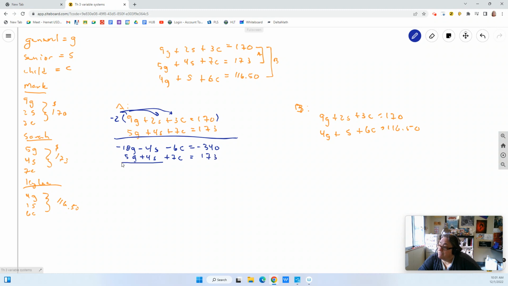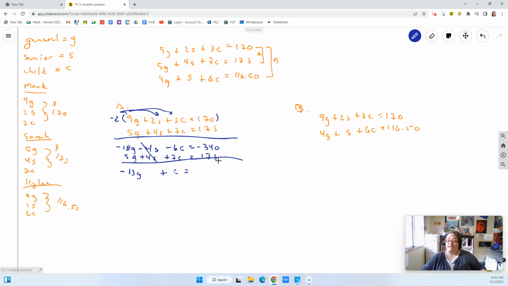And when I add these together, I get -13G. My S's disappear, which was the whole purpose of doing it, right? And then we get plus C, because -6 plus 7 is 1. And so we just have plus C equals, 340 minus... I had a calculator here.